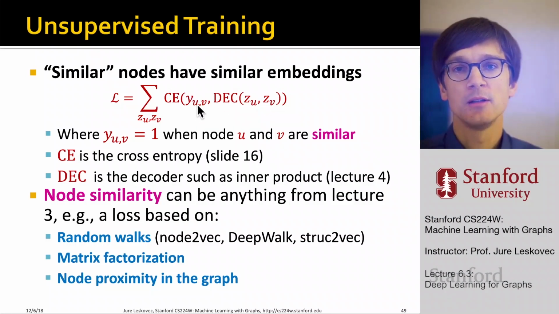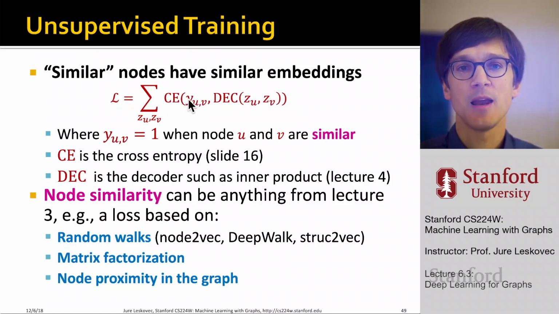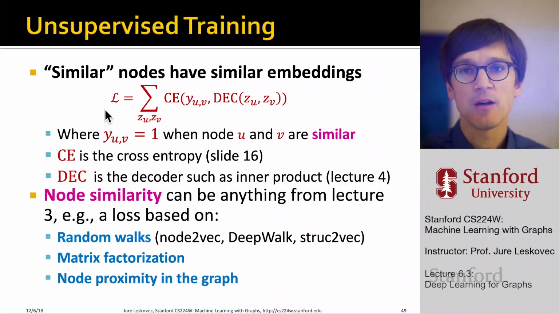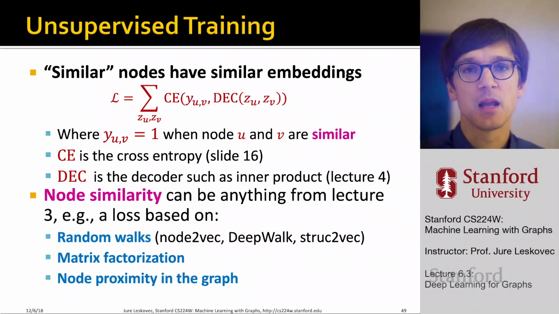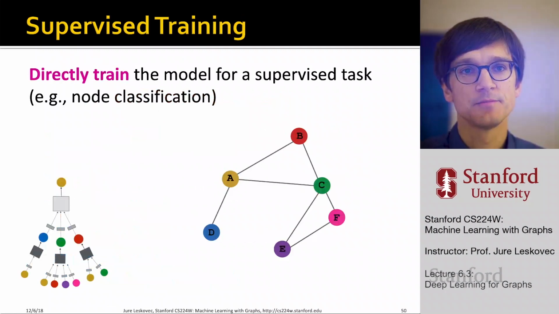We want the discrepancy between the similarity in the graph versus the similarity in the embedding space to be as small as possible, so we can define this through the cross entropy. And then we could again just run this optimization problem to come up with a graph neural network that makes the predictions as we discussed.